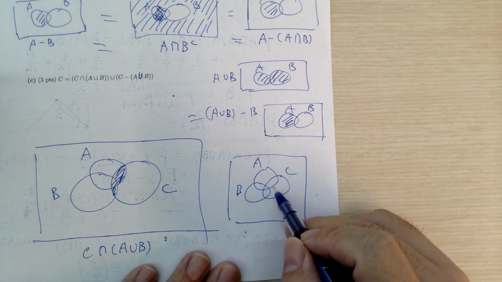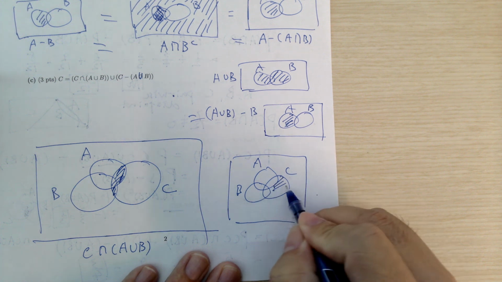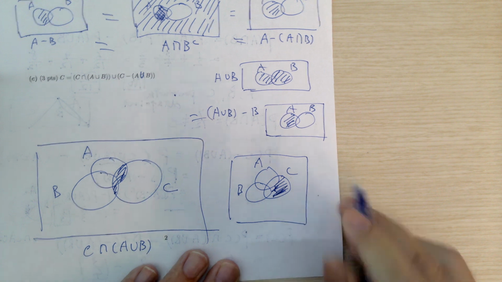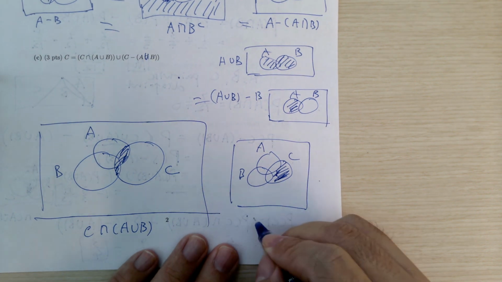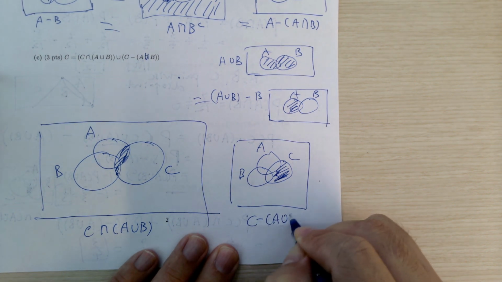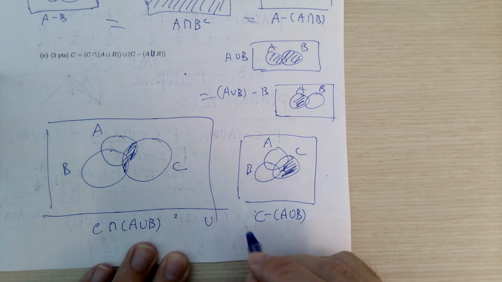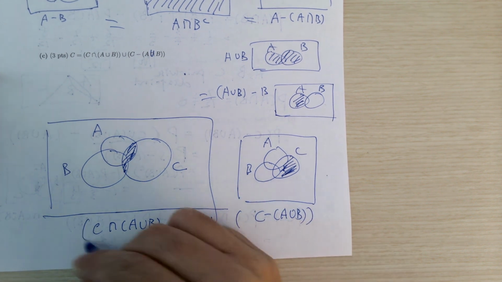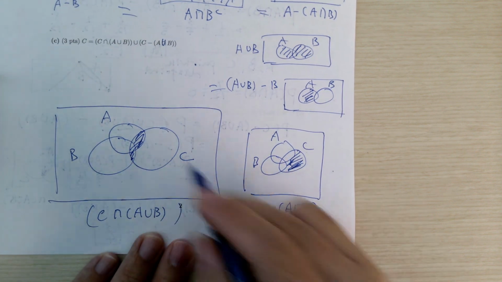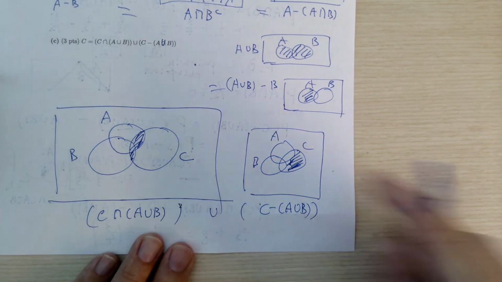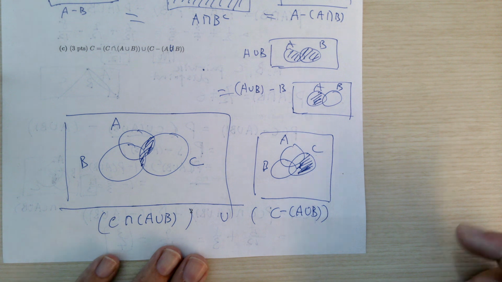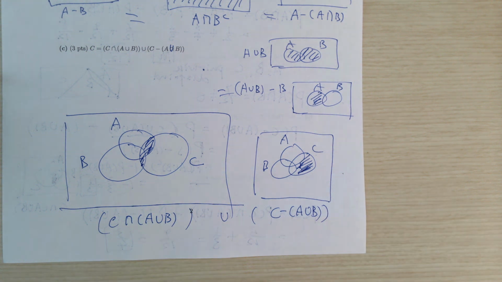If you do the C difference, it's going to be this part. So it should be C minus A union B. And then the union of those two gives us the complete C here. So that should solve the problem. Okay, so thank you for watching.